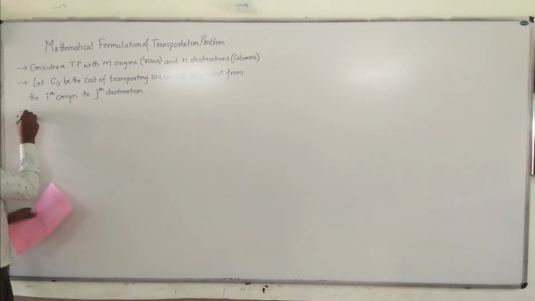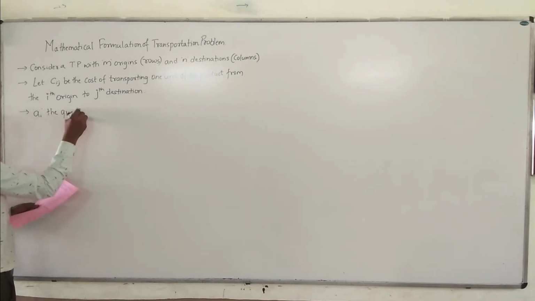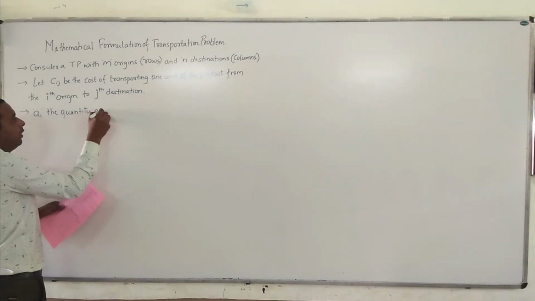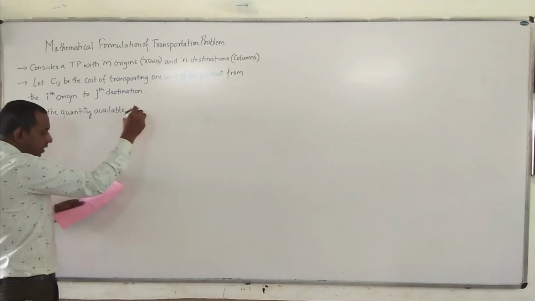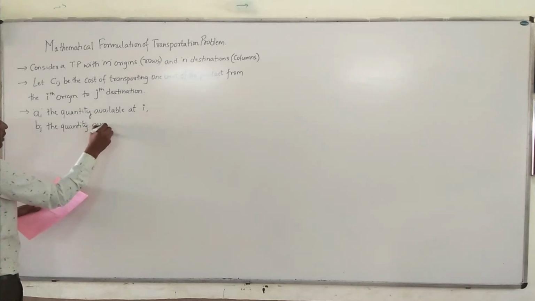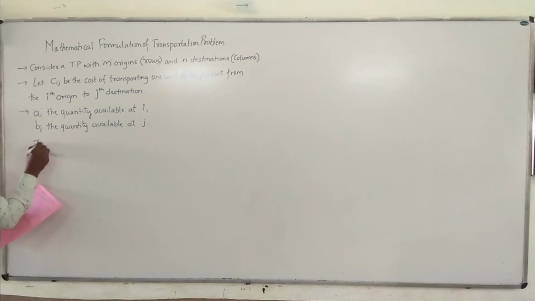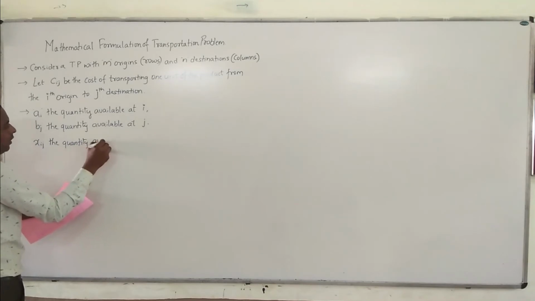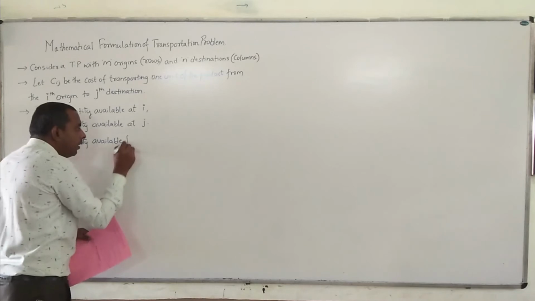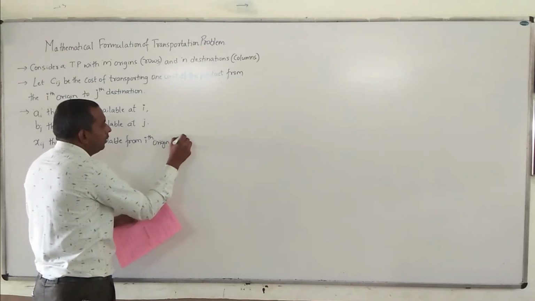Fine. So Ai, the quantity available at i, Bj, the quantity available at j, and Xij, the quantity available from the ith origin to the jth destination.